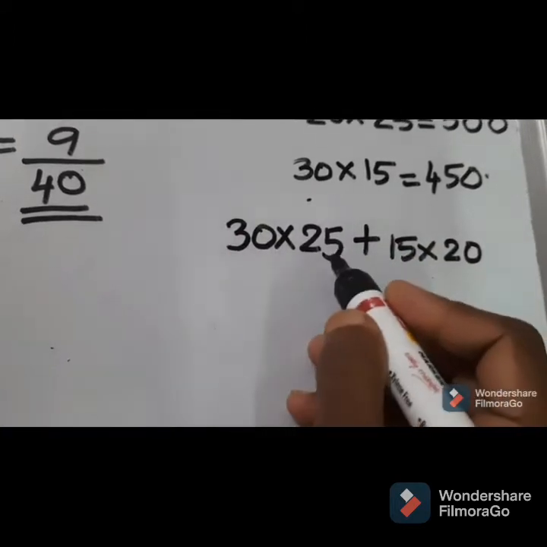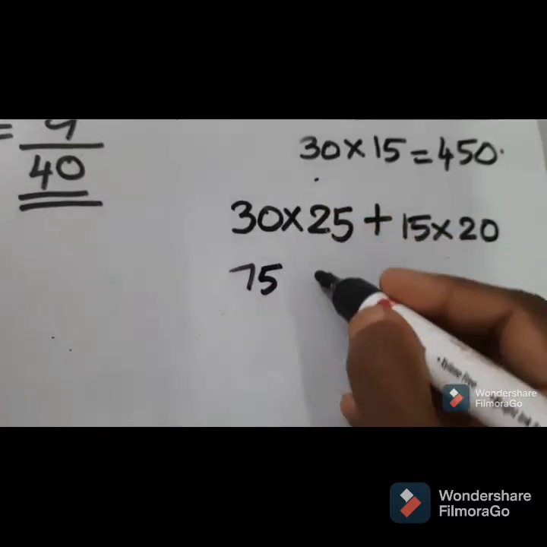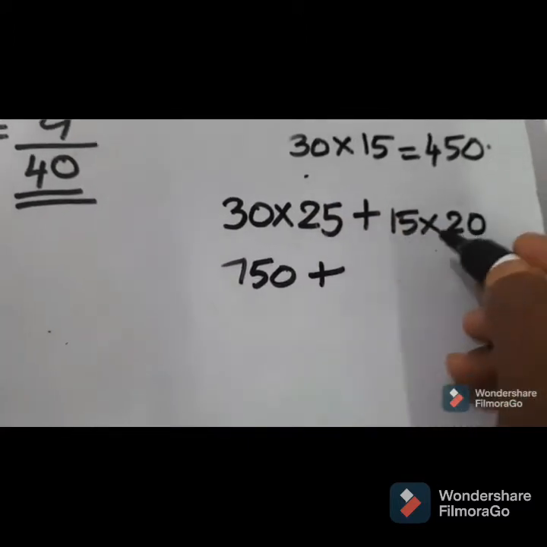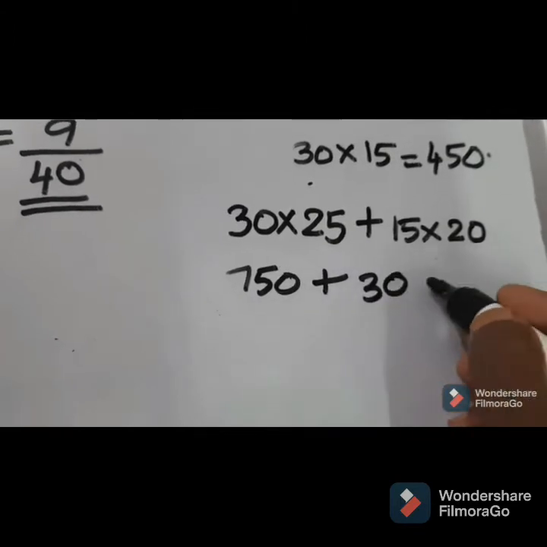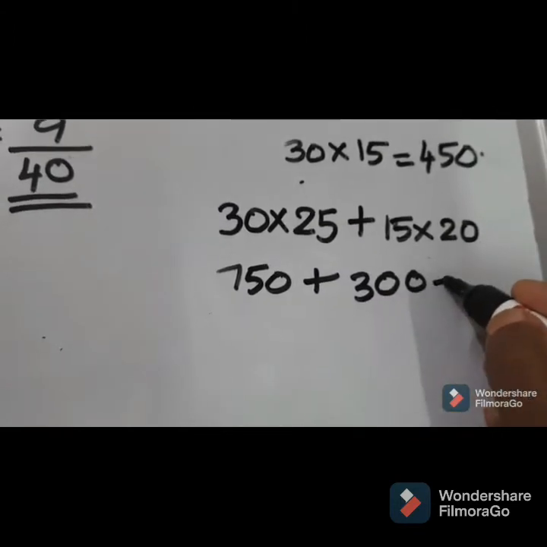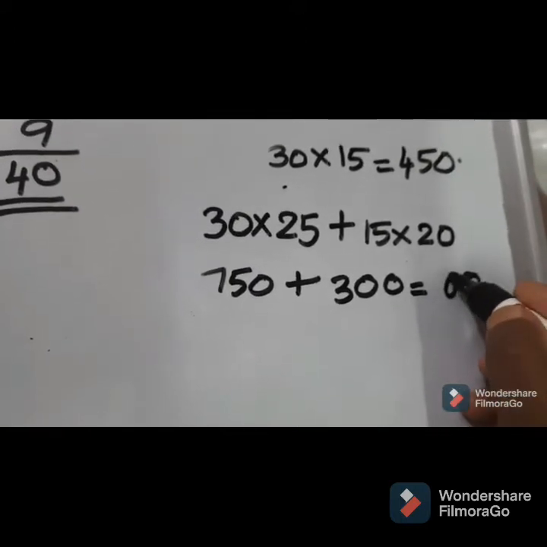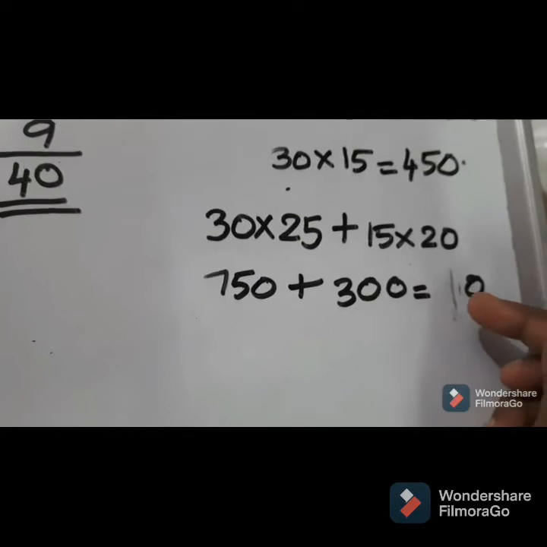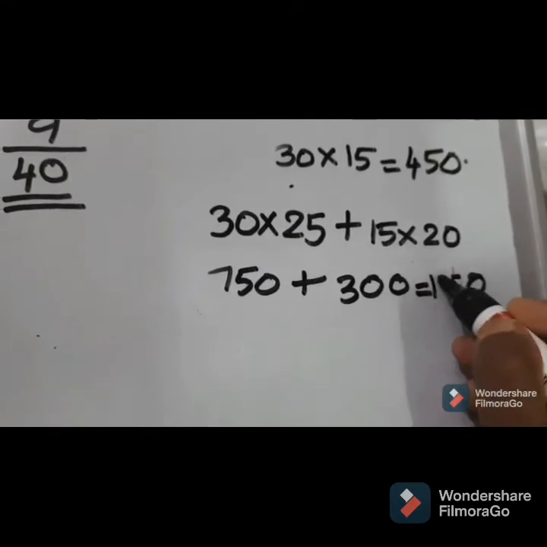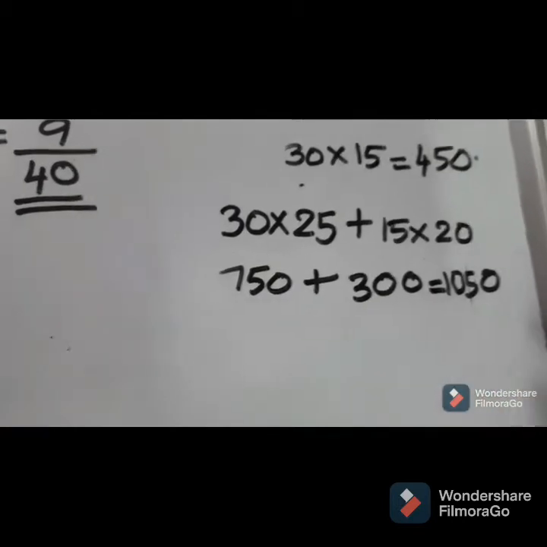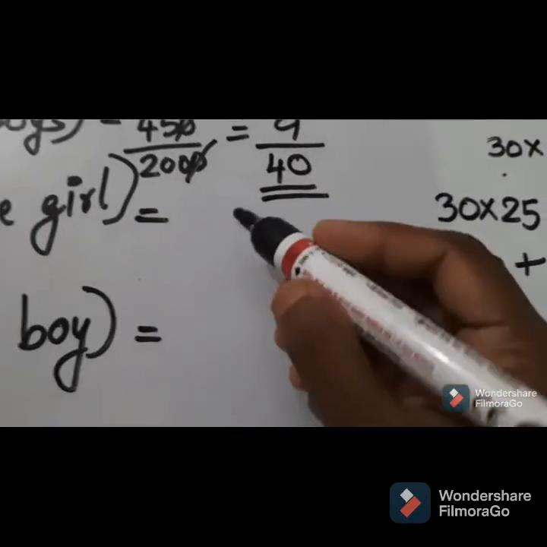Now 3 into 25, that we know 75, 1 zero, plus 15 into 2, that is 30, 1 zero. So total will come 1050 pairs of boys and girls.